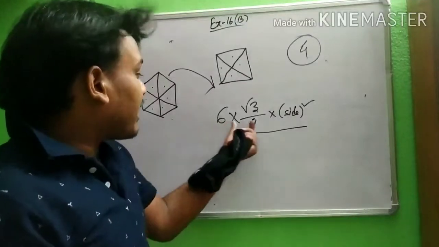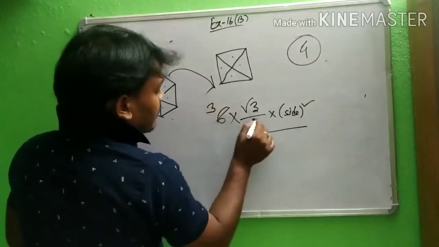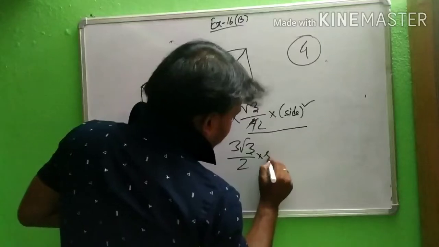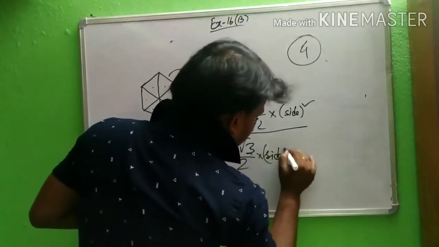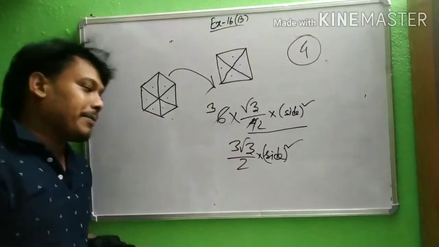So 6 into 3 by 4 becomes 3 by 2, so it is 3 root 3 by 2 into side square. This is the formula to find the area of a regular hexagon.